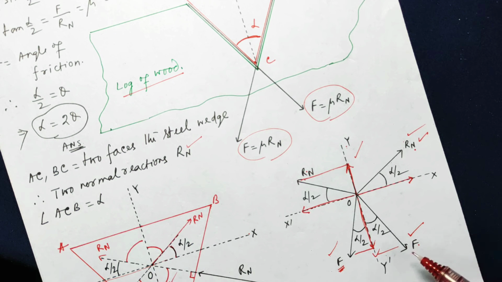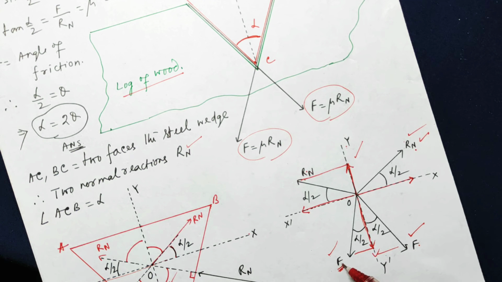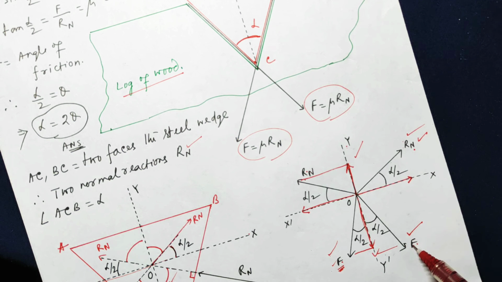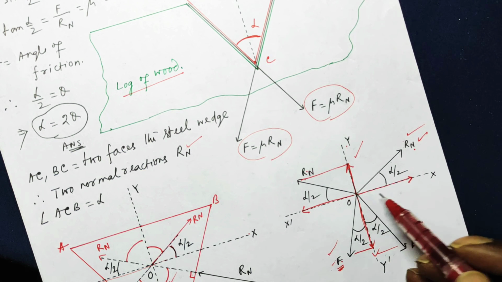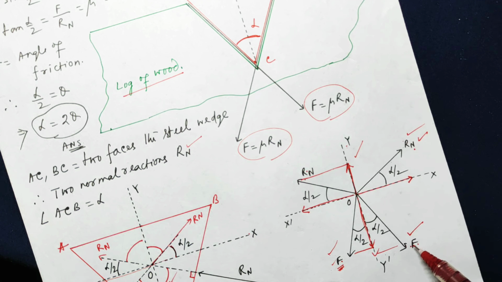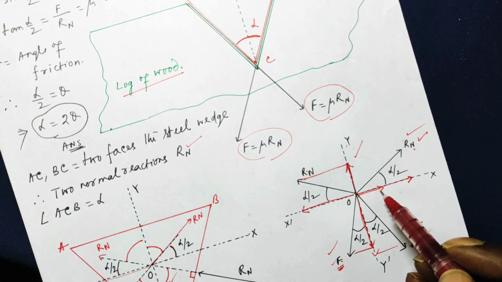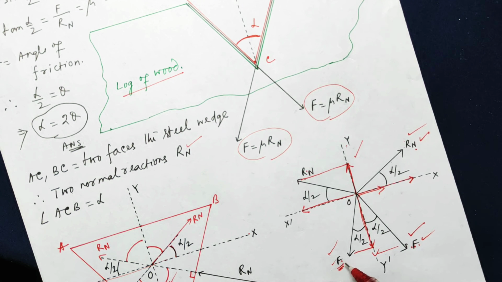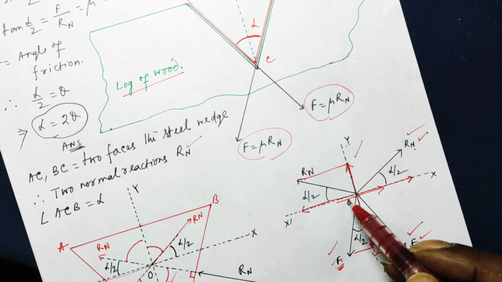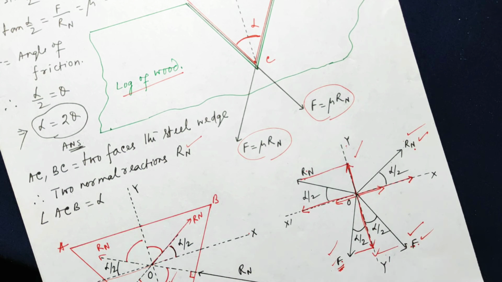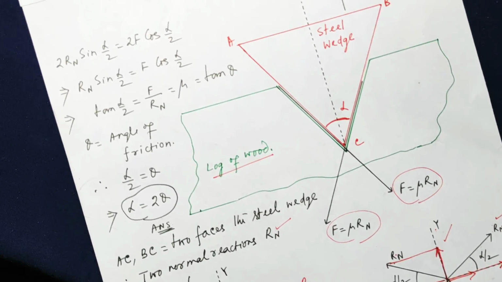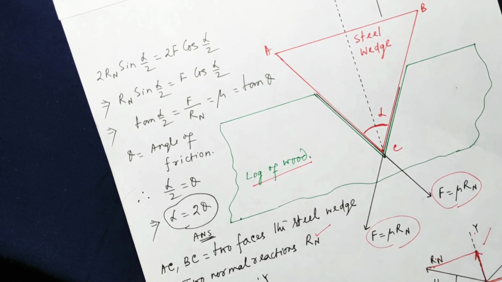And you might ask, then what happens to F sin alpha by 2 for this one and F sin alpha by 2 for this one? They will also cancel. F sin alpha by 2 for this one will be to this side, F sin alpha by 2 for this one will be to this side. So they will cancel. So taking sigma y is equal to 0.